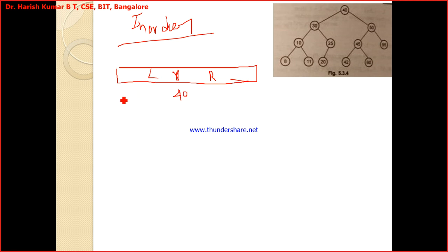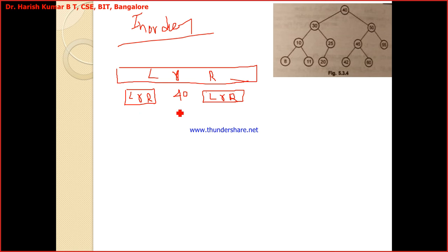Now this L should be expanded again as L, small r, and then big R. Don't confuse. Big L means left subtree, small r means root node, and this big R means right subtree. And now whether there is a right subtree for 40 also? Yes. So 40 has got the right subtree as well. So L, r, and then R.